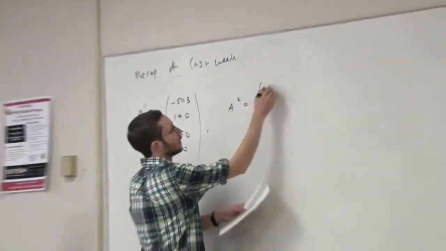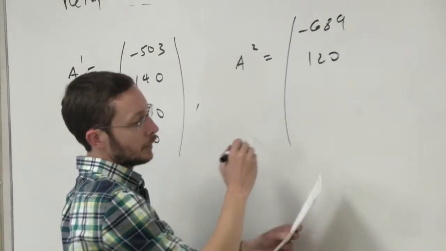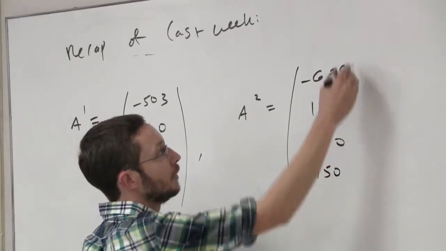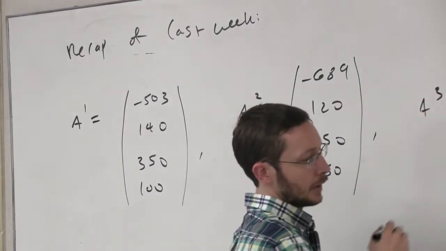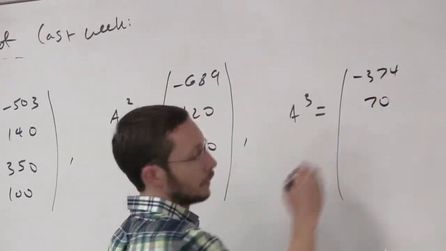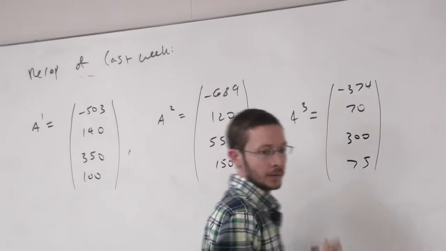Asset 2 is given by negative 689, 120, 550, 150. And asset 3 is given by negative 374, 70, 300, and 75.